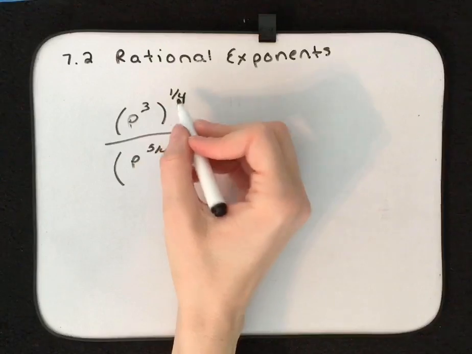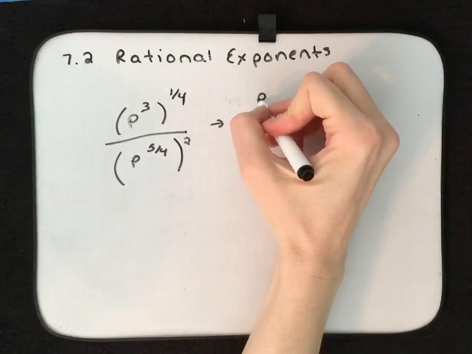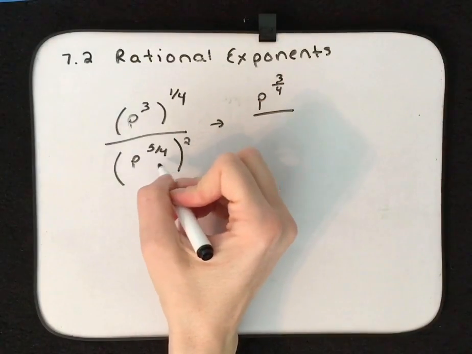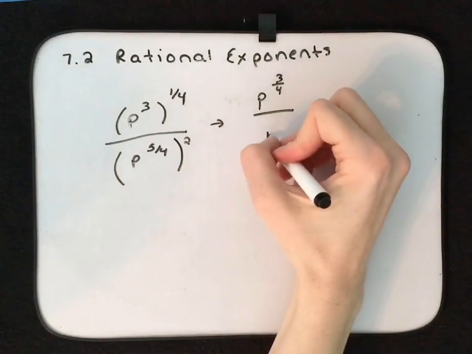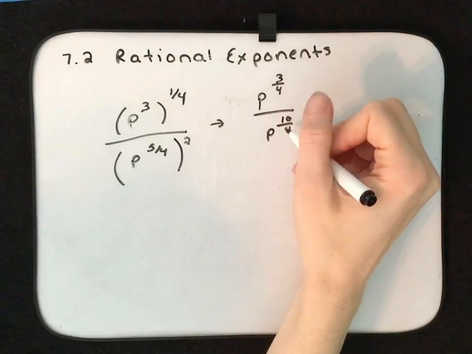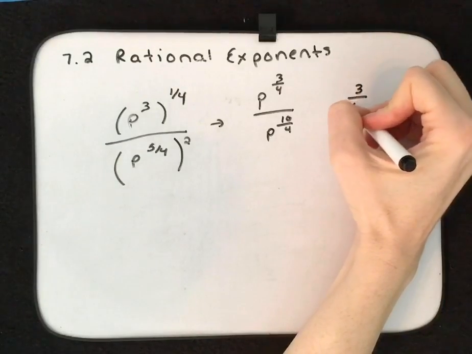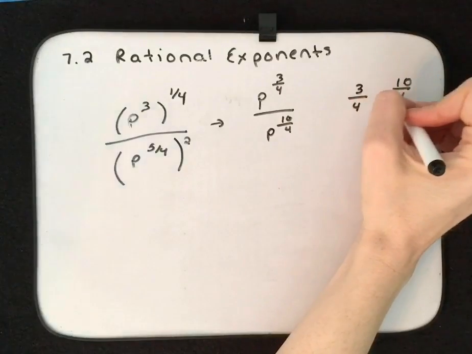Here we have a power of a power, so let's simplify that by multiplying our exponents. This gives us p to the 3/4. Here we have a power of a power, so let's simplify that by multiplying our exponents. So that's going to give us p to the 10/4. Yes, you can simplify 10/4, but I'm going to hold off because right now I have 3/4 from the numerator minus 10/4 in the denominator, and I have a common denominator.